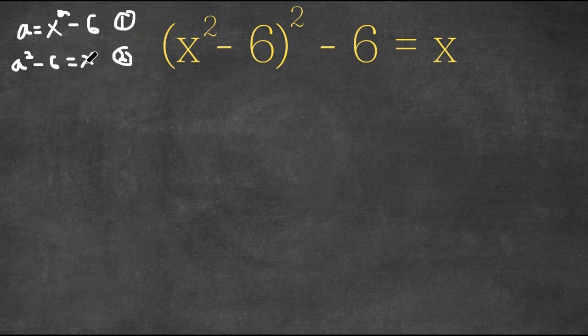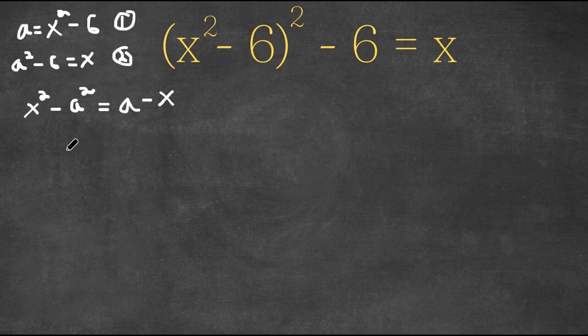I'm going to subtract x squared minus a squared. And what ends up happening is we get the result as a minus x. x squared minus a squared is equal to a minus x.